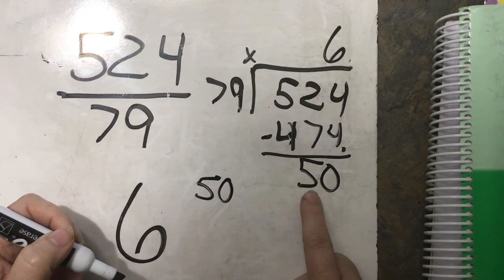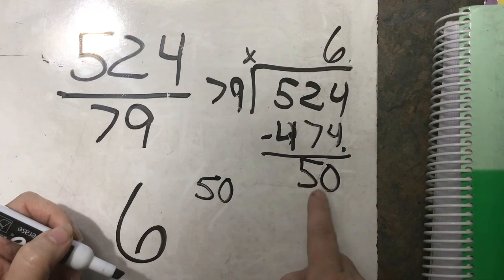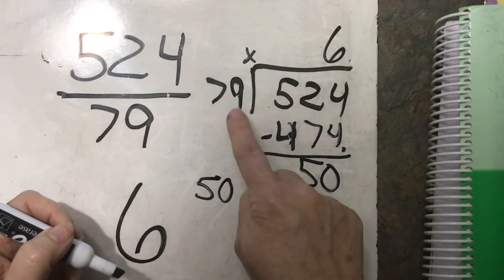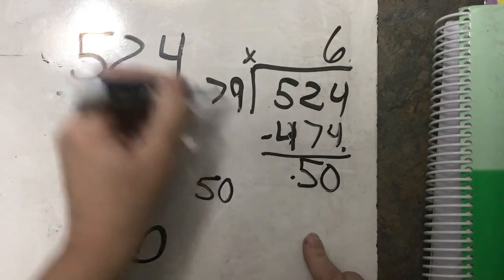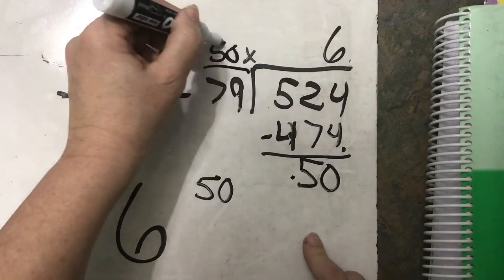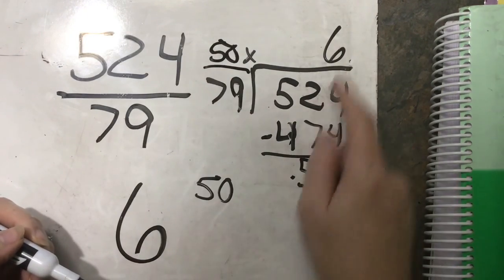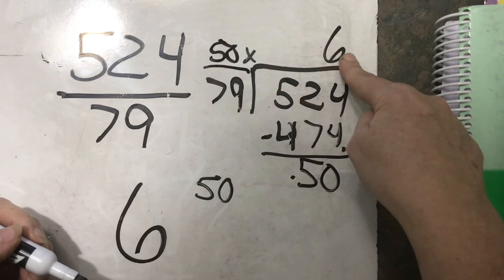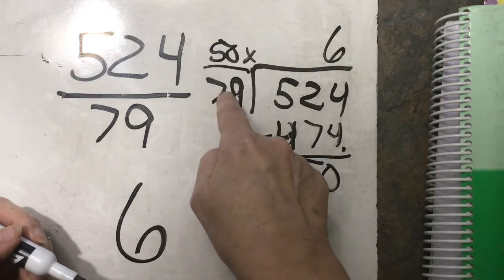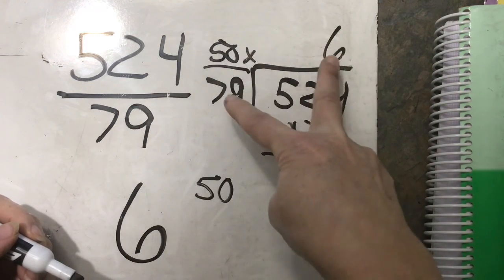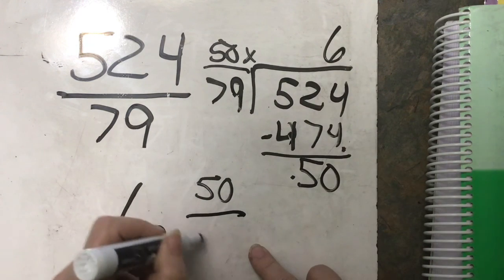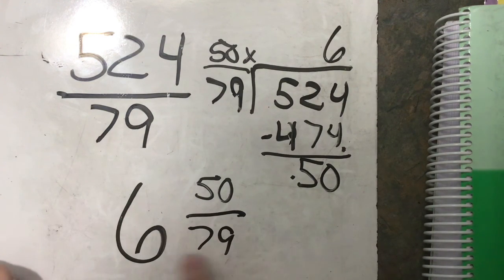Now, what size are those pieces? How many did it take to make a whole? It took 79. So remember, this number is supposed to go over this number. Do you remember this part? But this is your whole pies you were able to make, and these are your pieces left over. Both of these are your answers, so you have to put them both down as your answer.